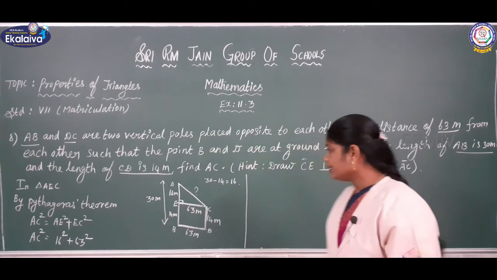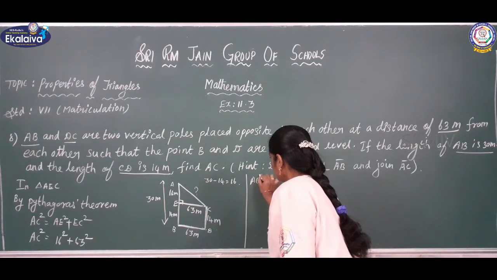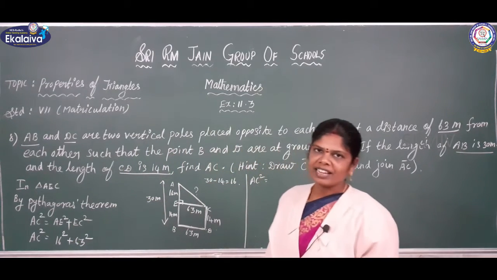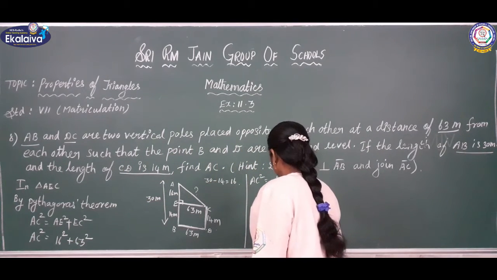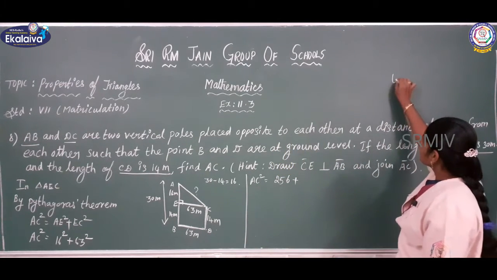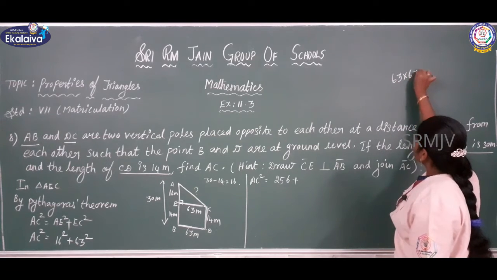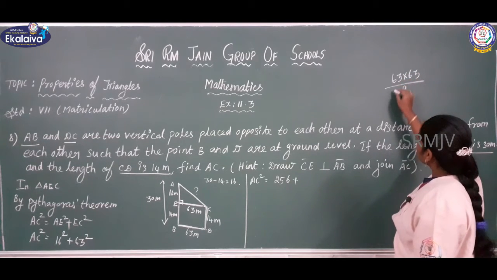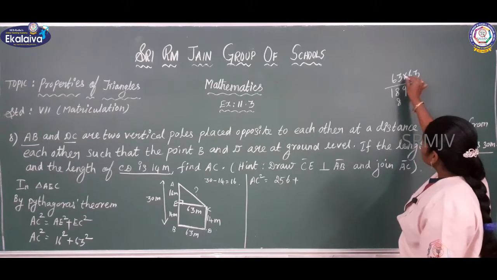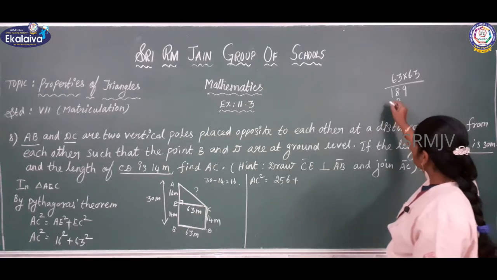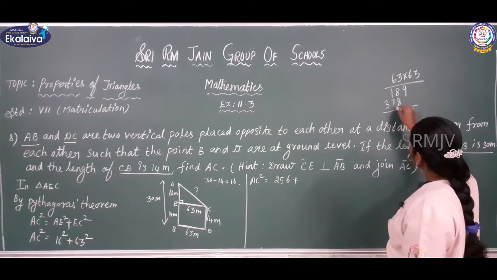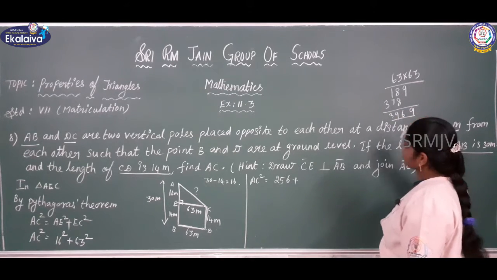Okay, then AC square equal to 16 square, you know very well. Okay, 16 sixes are 256 plus 63 square we need to find out. Just multiply this 63 into 63. 3 threes are 9, 3 sixes are 18, 6 threes are 18, 8 remaining 1, 6 sixes are 36, 36 plus 1, 37. 9, 16, remaining 1, 9, 3.